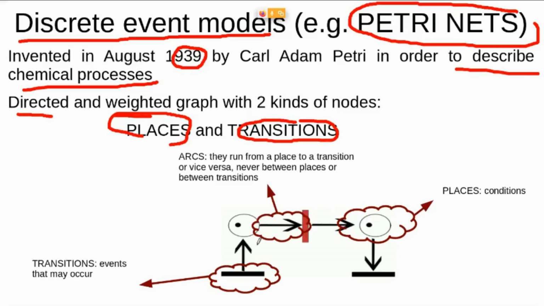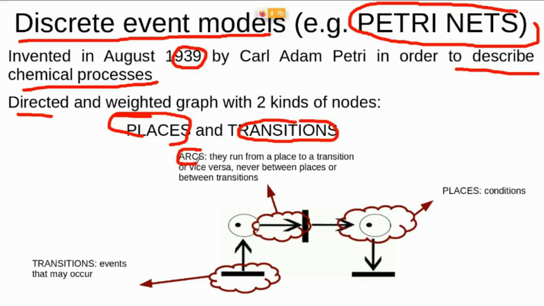Here we have some differences, but they are quite similar to these state machines, okay? So we have places and transitions. Places will be represented as circles in the diagram. Then transitions will be represented as bars. And places and transitions will be connected by these arcs.